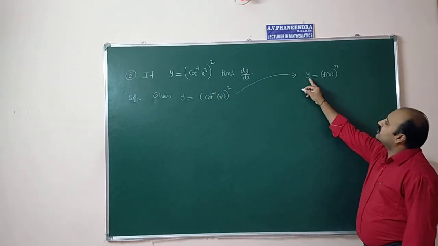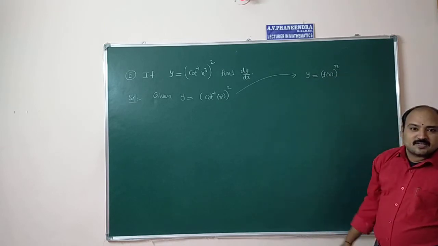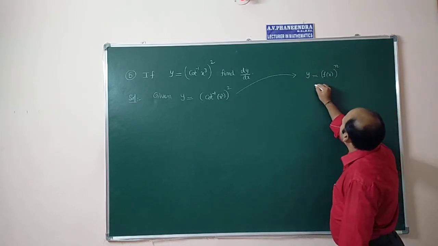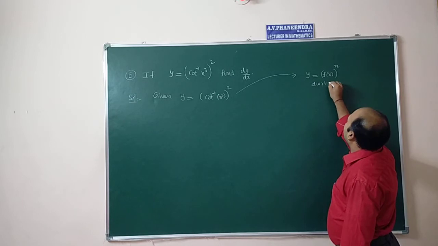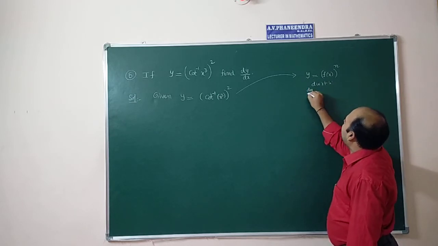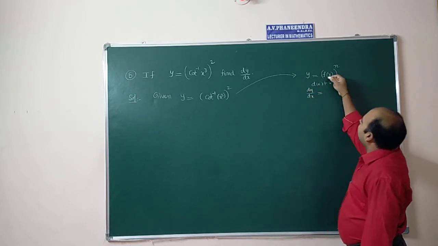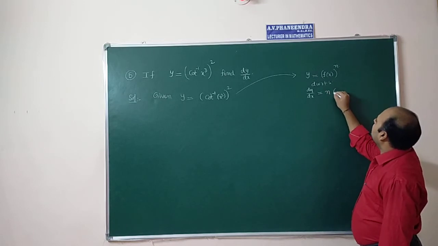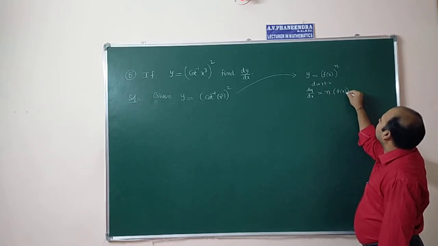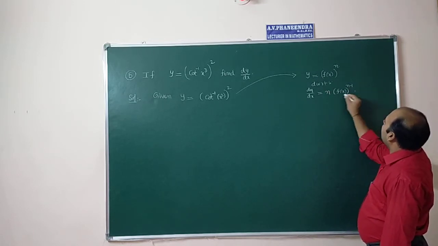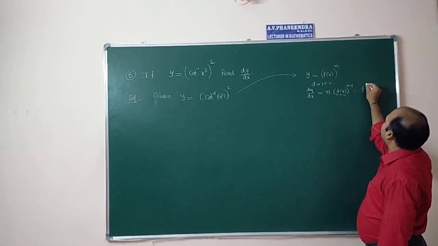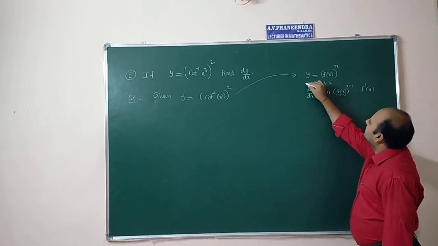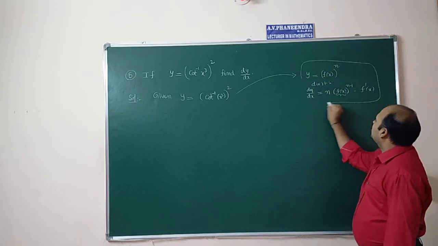So we know that y equal to f of x whole power n is there. How to differentiate? Differentiate with respect to x, dy by dx. F of x whole power n means n into f of x whole power n minus 1 into again f of x we have to differentiate, f dash of x. This formula we are going to apply.